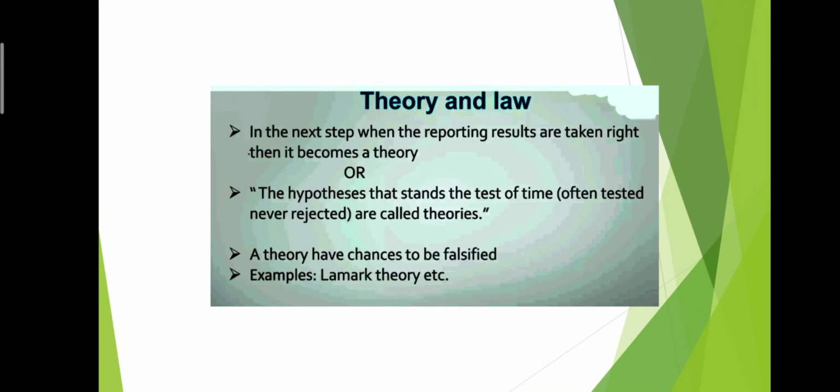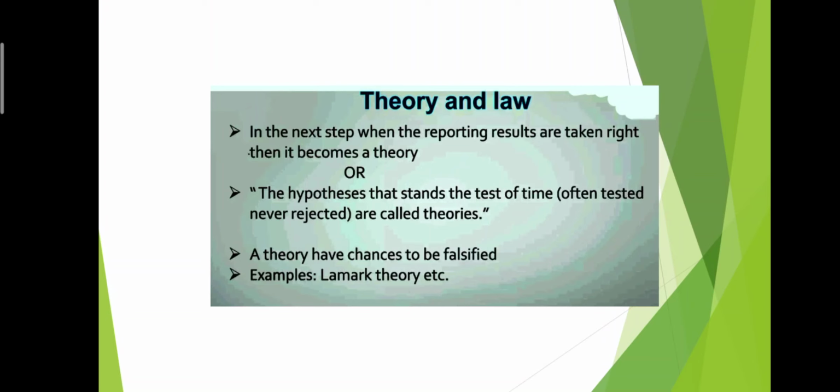Theory and law. In the next step, when the reported results are found right, it becomes a theory, or the hypothesis that stands the test of time, often tested, never rejected, is called a theory.